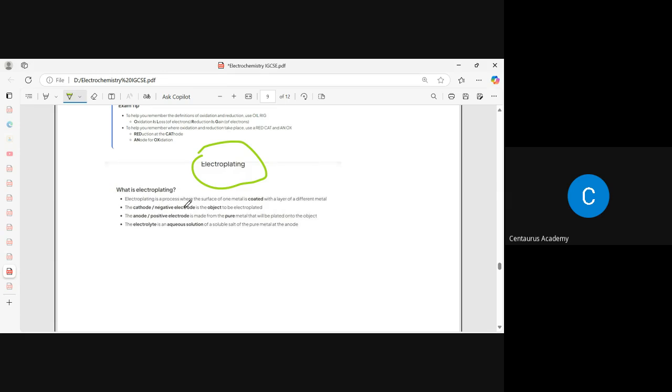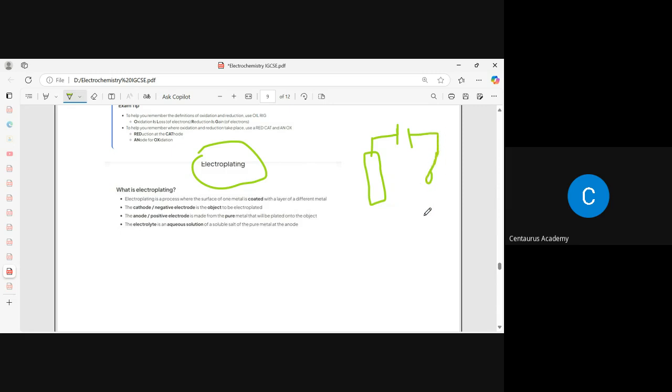So the cathode is always made the object which has to be electroplated. Supposing I have a spoon and I want to electroplate this with silver metal or any other metal.